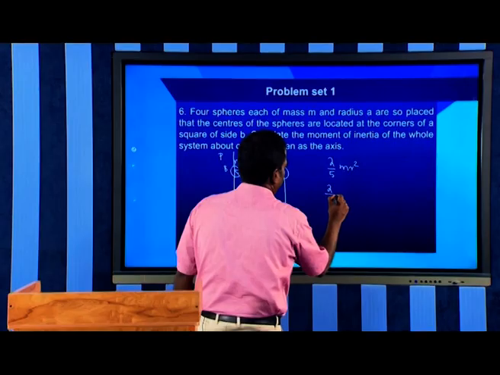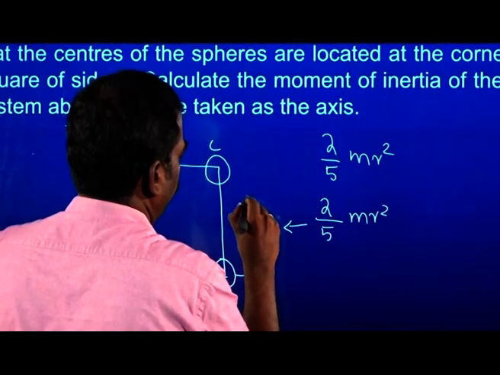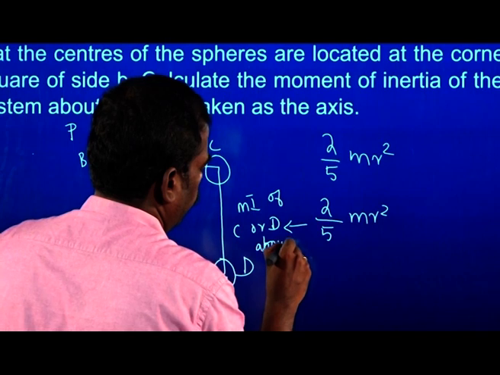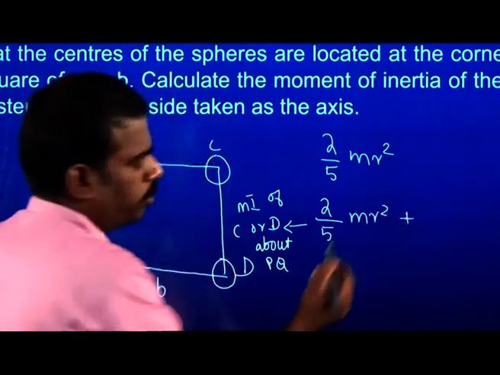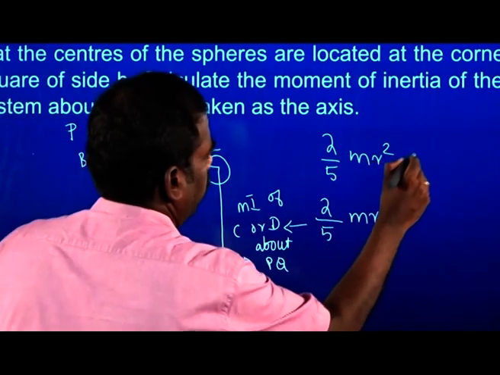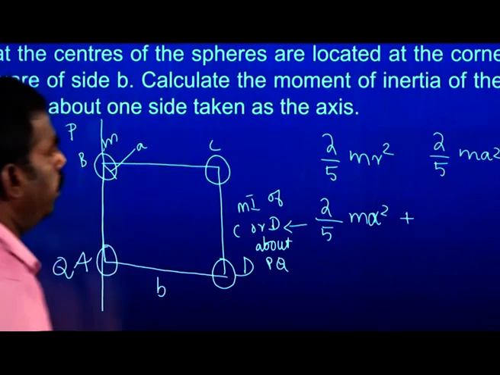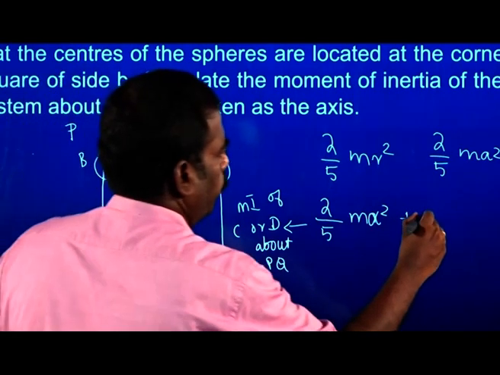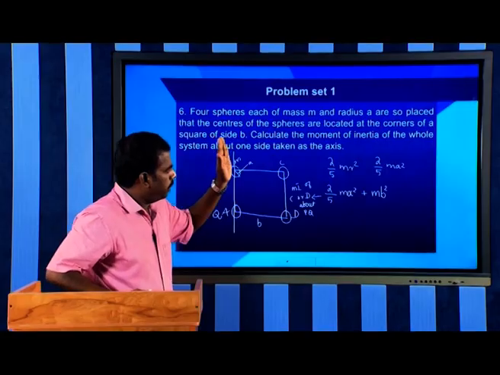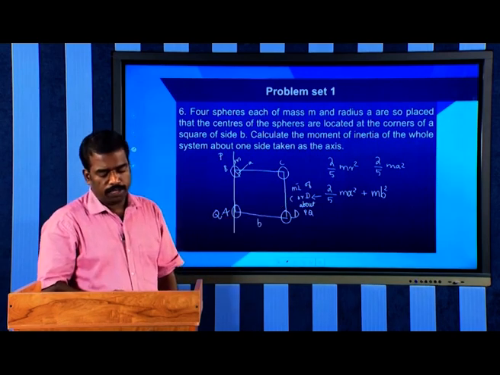It is 2 by 5 m r square plus m b square, where r is equal to a. So the moment of inertia of C or D about PQ is 2 by 5 m a square plus m b square.